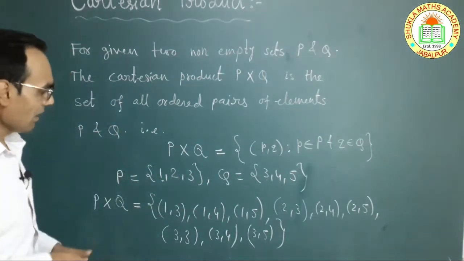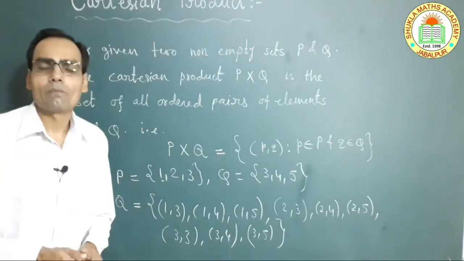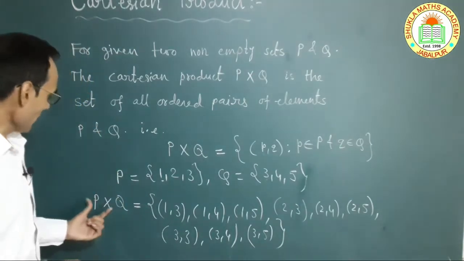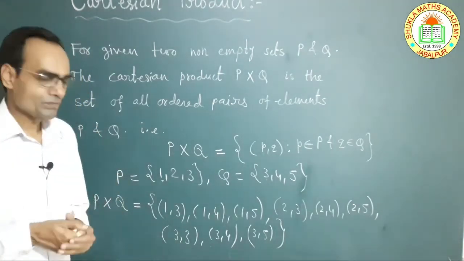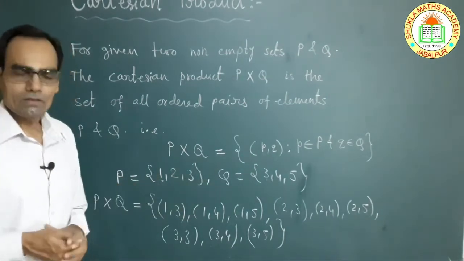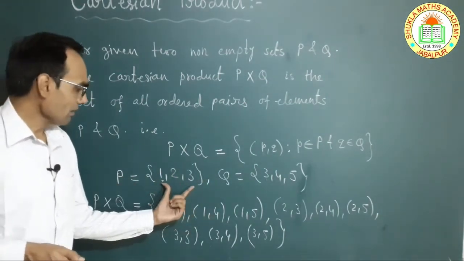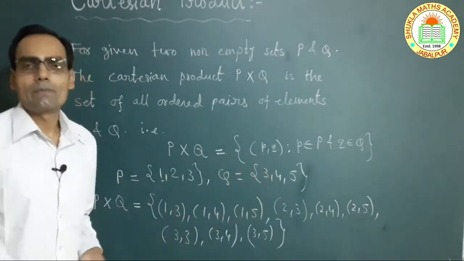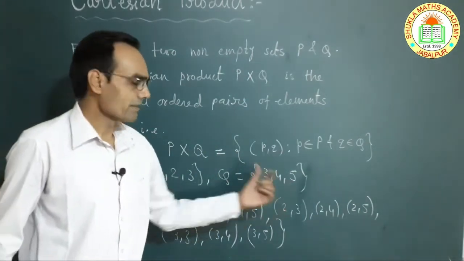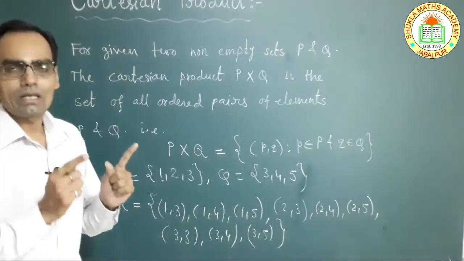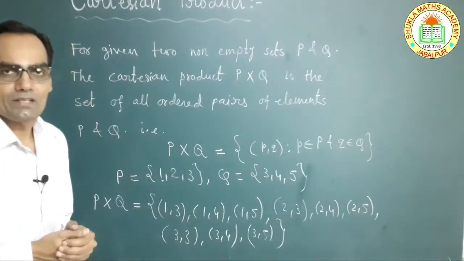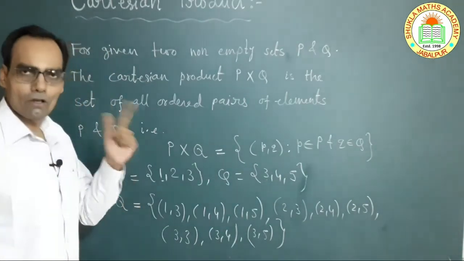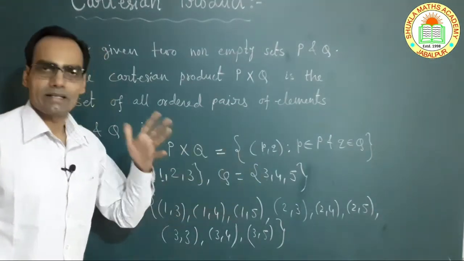And now see how we can find the total number of elements in the set P cross Q if P and Q are given. The number of elements in set P is 3 and the number of elements in set Q is also 3. So the total number of elements in the Cartesian product P cross Q is always 3 into 3, that is 9.